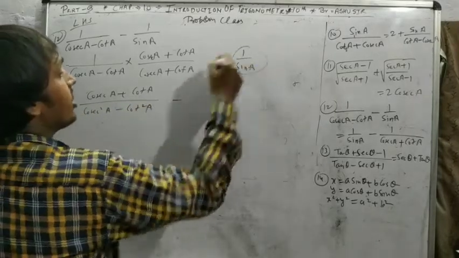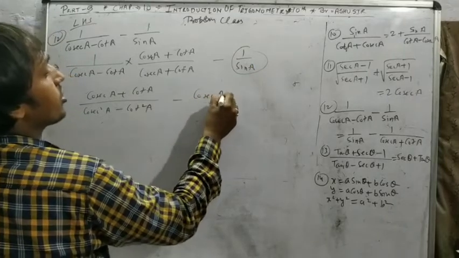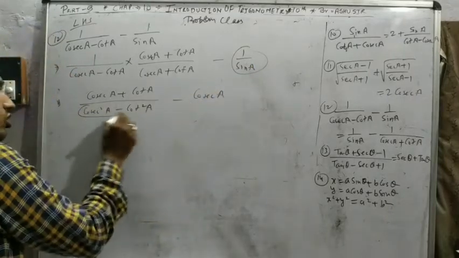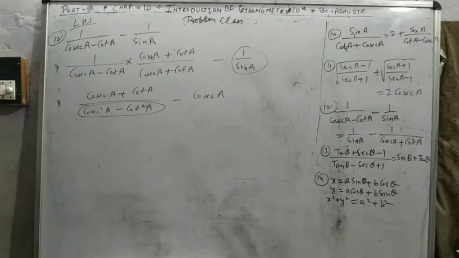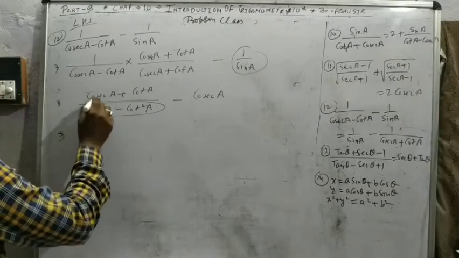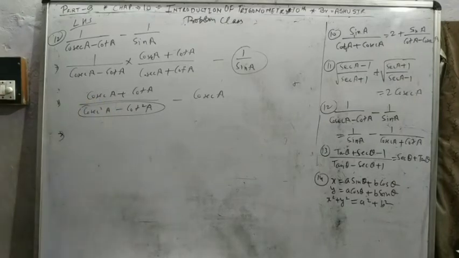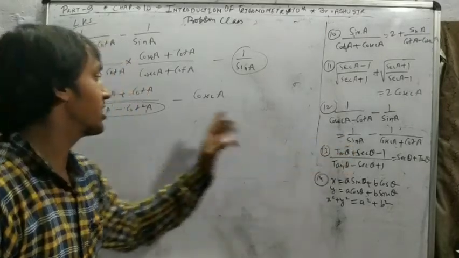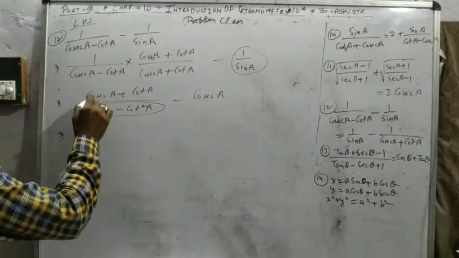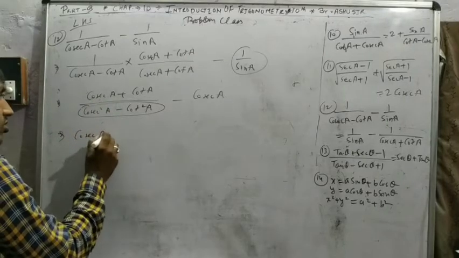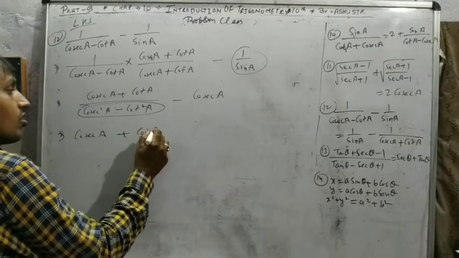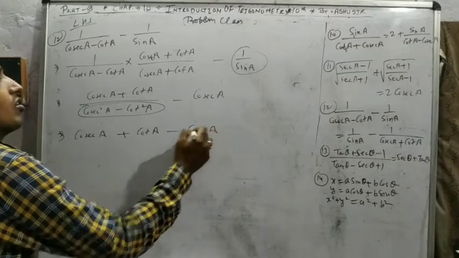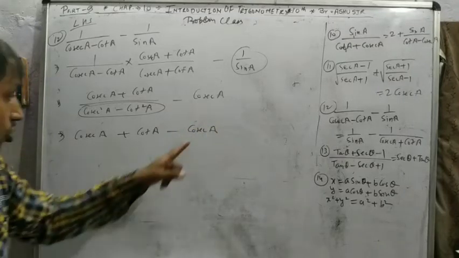Cosec square minus cot square is equal to 1. So we only get cosec A plus cot A in the denominator, and here we want 1 upon sin A separate, so we can separate this. You can say, sir, cosec cancels.